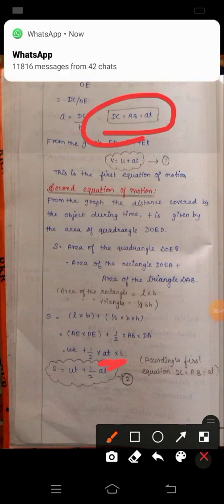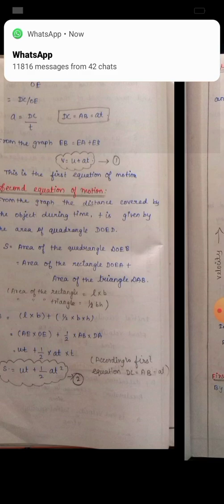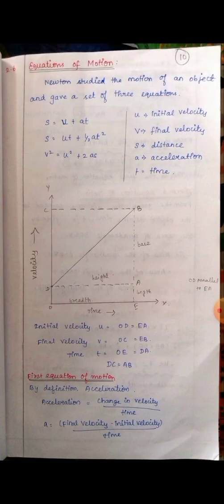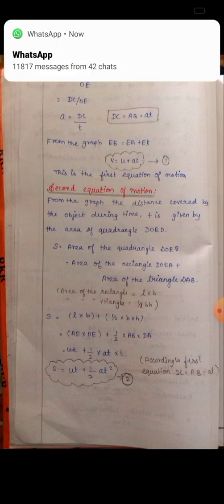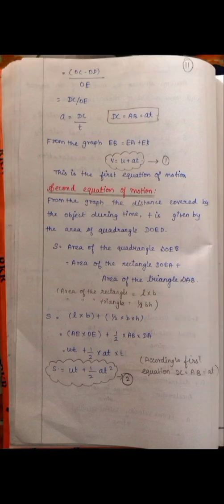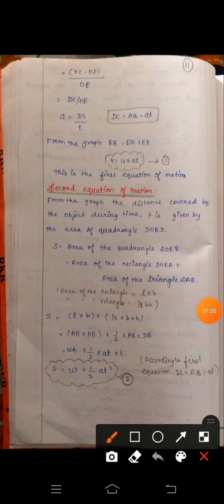So we are writing AT, and DA is equal to T. So we are writing UT plus half into AT into T. So S is equal to UT plus half AT square. This is the second equation of motion.